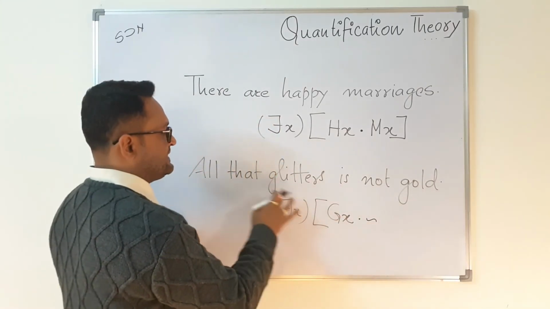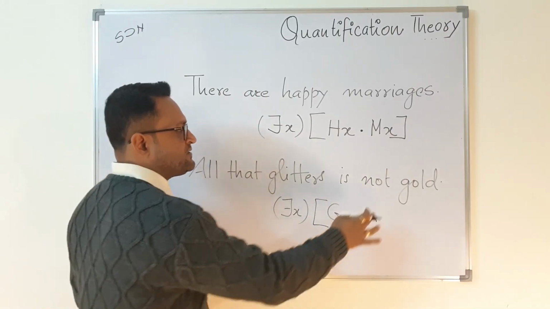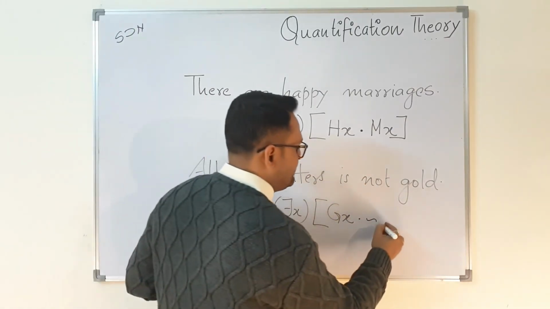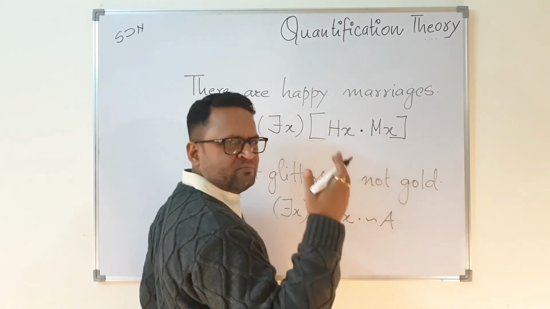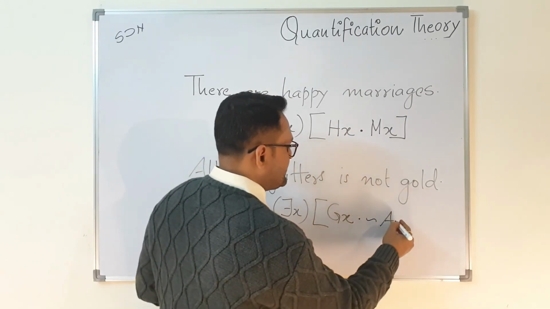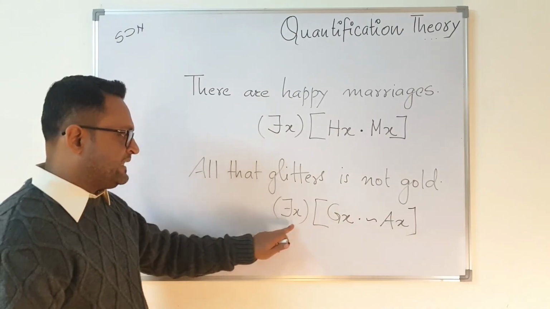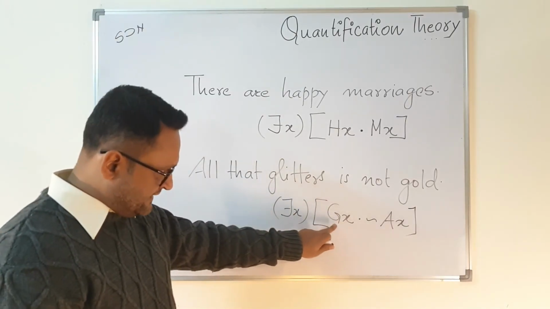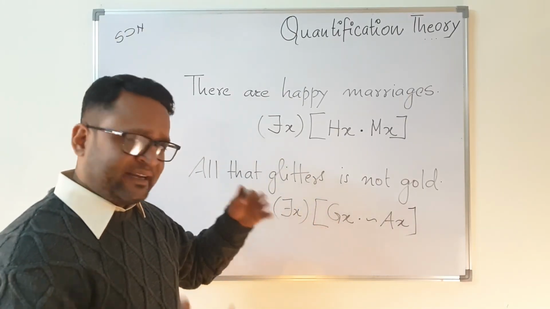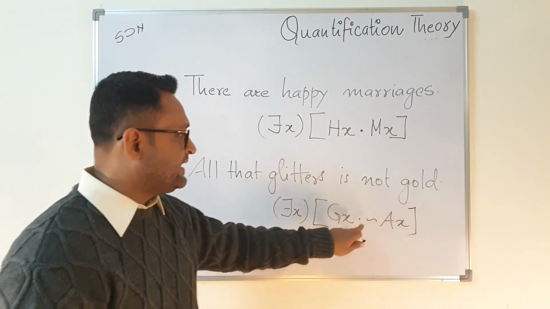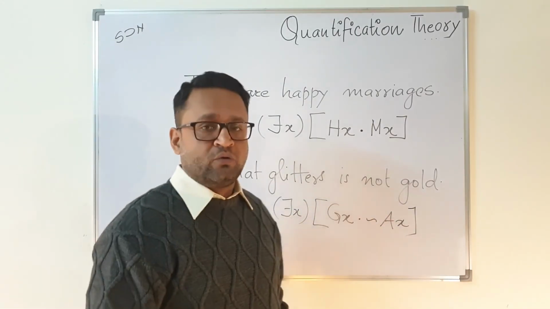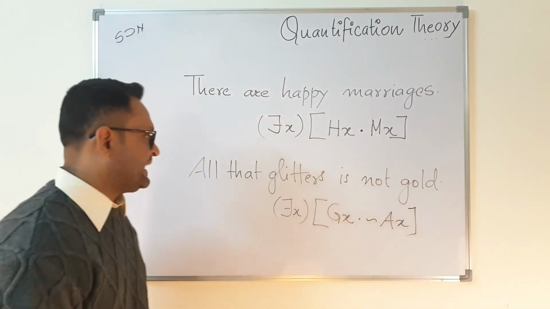But now since you can see that for glitters I am using G, for gold I will be using A, because aurum will be in chemistry, right? So I will use it as AX. So it says that there exists X such that X glitters, or X is a glittering object, and X is not gold. So that is the understanding.